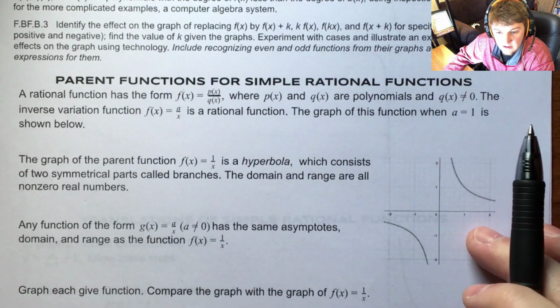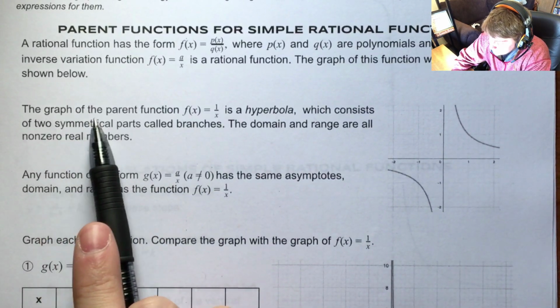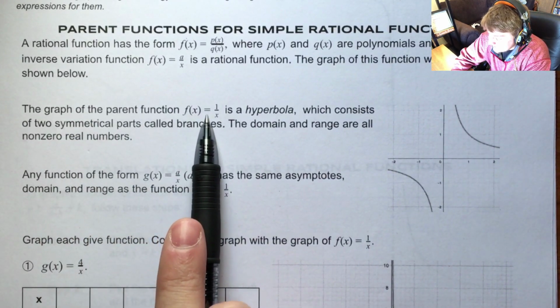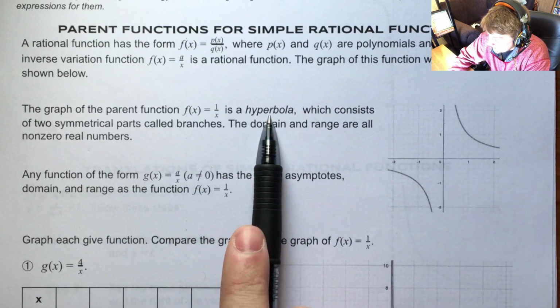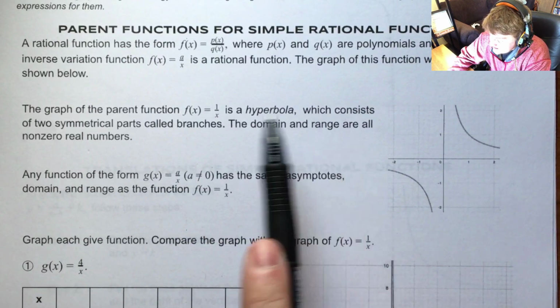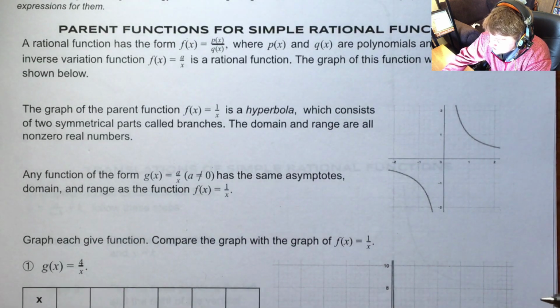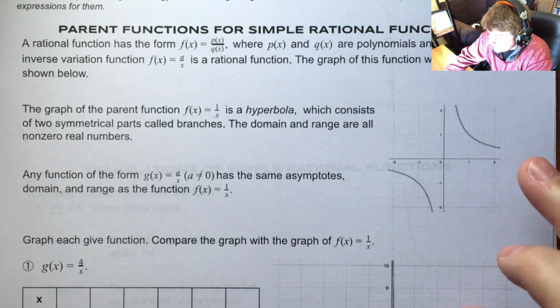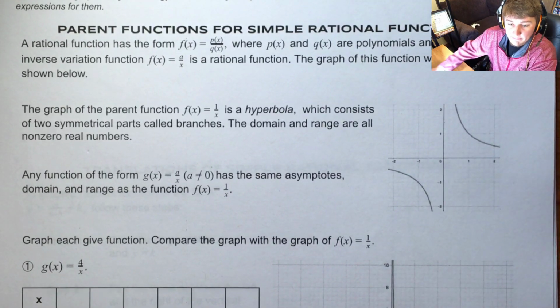That's going to be the parent function. The graph of the parent function f of x is 1 divided by x, and it creates a hyperbola, which consists of two symmetrical parts called branches. The domain and range are all non-zero real numbers, and we're going to explore that a little bit more.